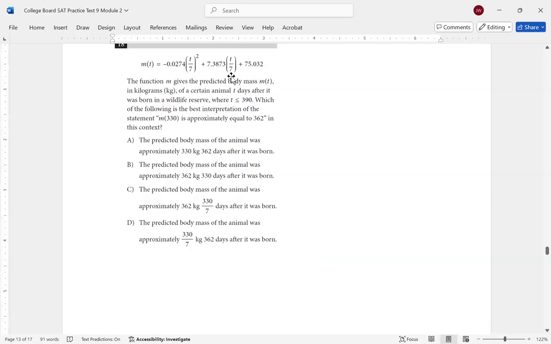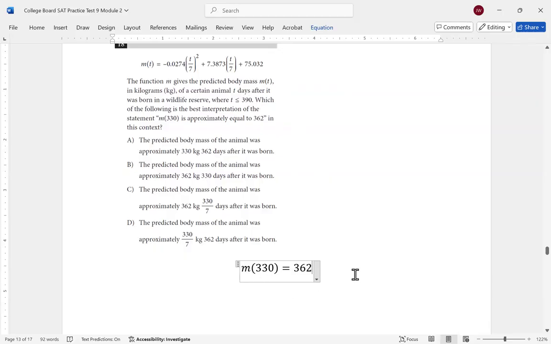So it doesn't even matter what this is. We know that m of 330 is equal to 362. M is the predicted body mass, and t is the number of days after it was born.